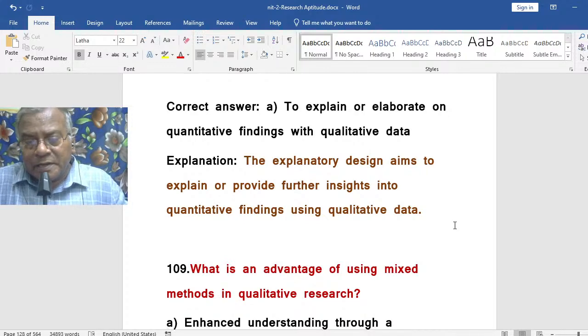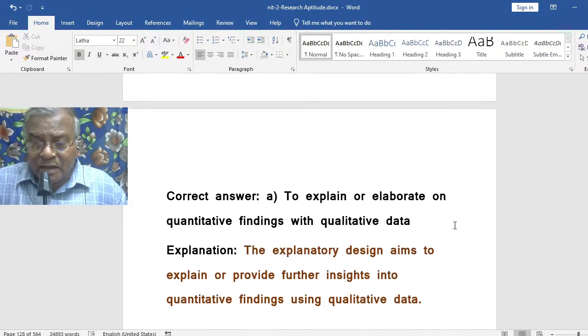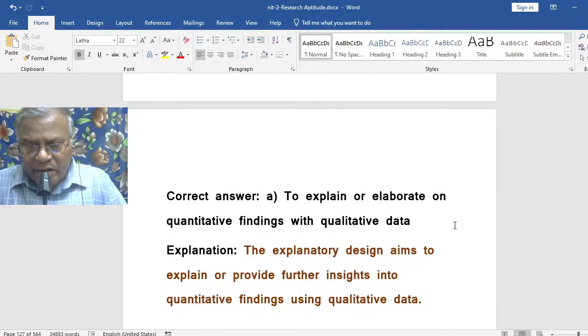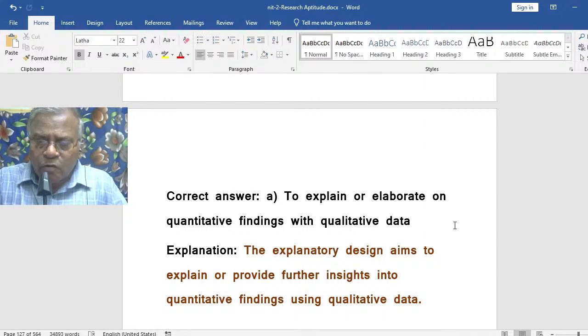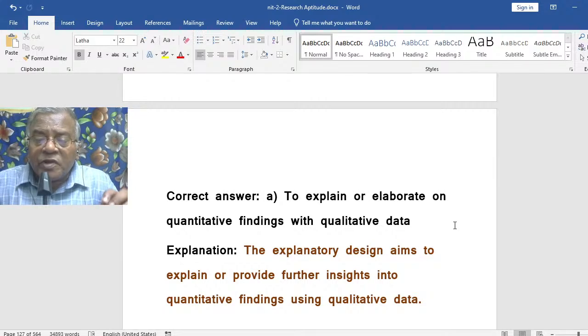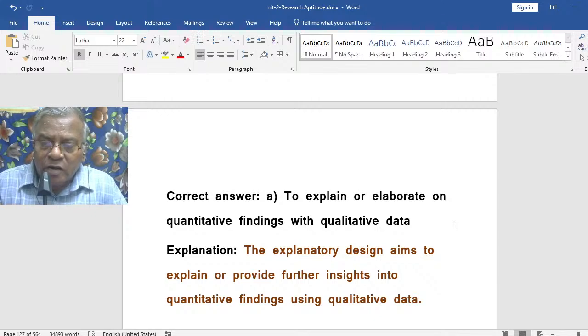Dear friends, there are three things here. In one concept, first qualitative data, then quantitative data, in order to explain the qualitative data. In another one, both simultaneously. Another concept, we came across a particular concept where we use both the data simultaneously, quantitative and qualitative.